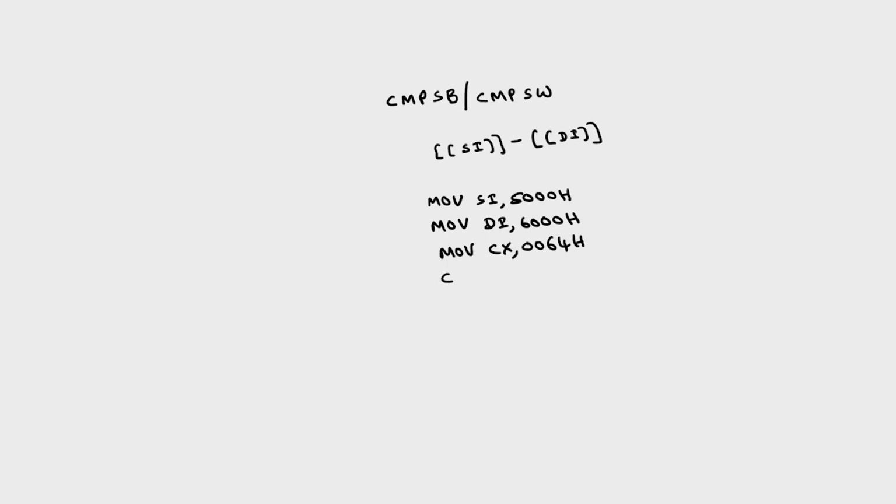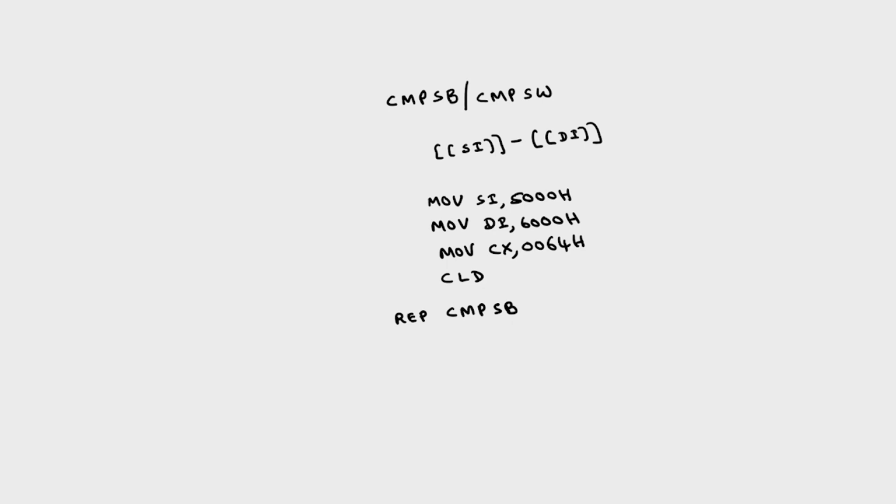Then I want to compare from 5000 to 5063 byte. Then we have to clear the direction flag, then write compare string byte. This will compare only one data. If you want to compare the 100 data, we have to use the prefix repeat. This will compare the 100 data. After each data comparison, it will set or reset the flags.